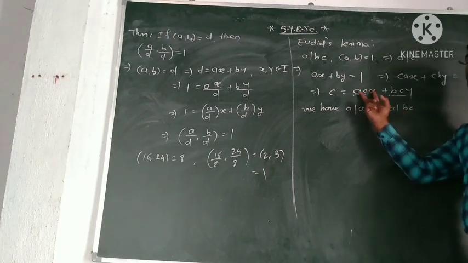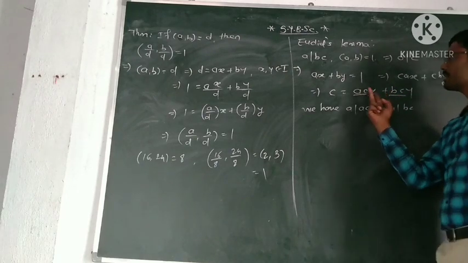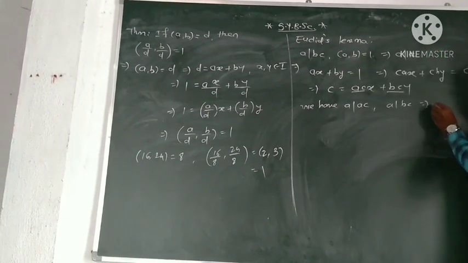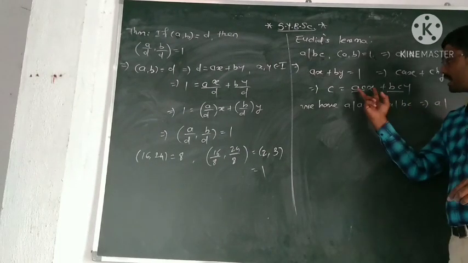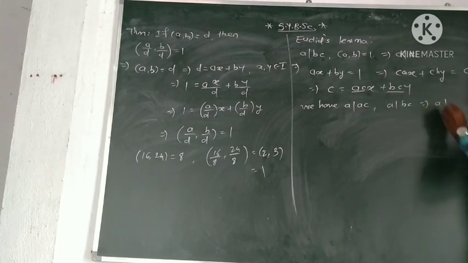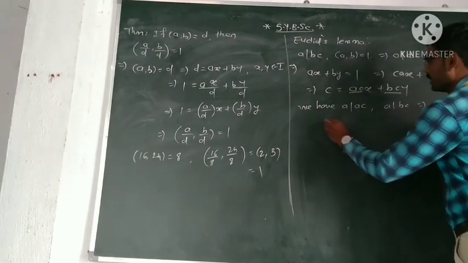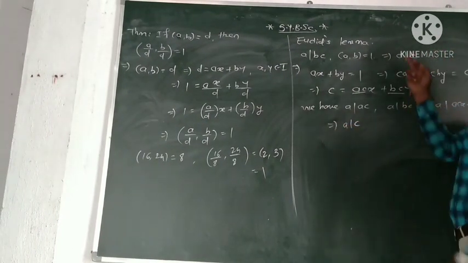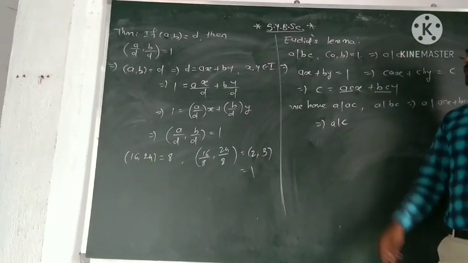So a divides a into c into x, and a divides b into c into y. This implies a divides their sum also, so a divides acx plus bcy. But this sum is nothing but c. This implies a divides c. So Euclid's lemma is a very powerful tool.